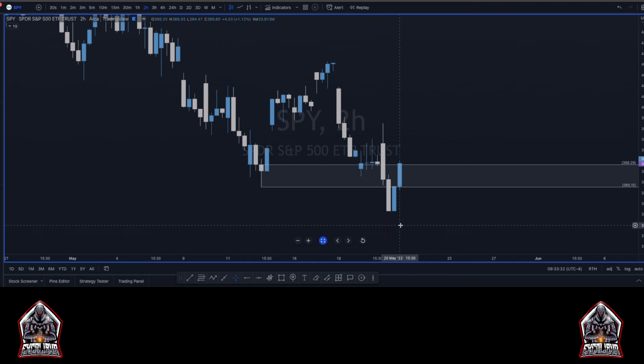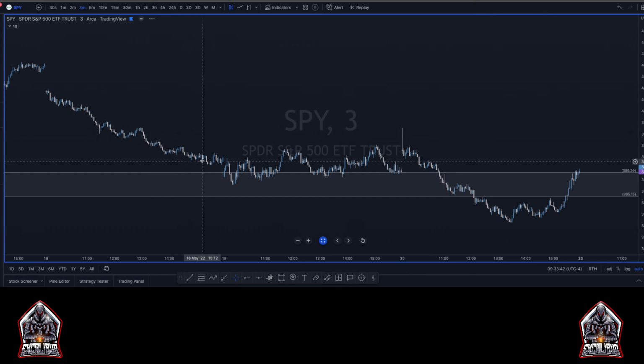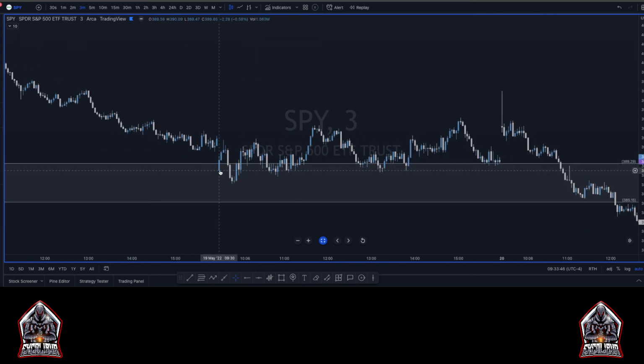And eventually we fell through it. I love to take the first time it hits. If we drop down to a lower time frame, that first time it hit this zone is most likely where I would have gotten in, basically at the open. We opened in that zone. I would have gotten calls at open, and that's a 0.83% move on SPY. At open, you're good. You could definitely take it again.